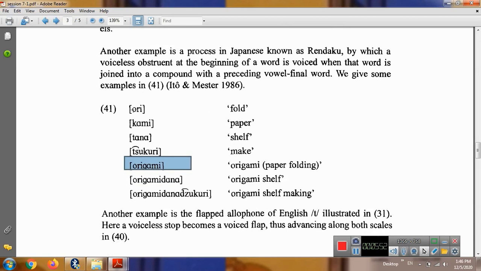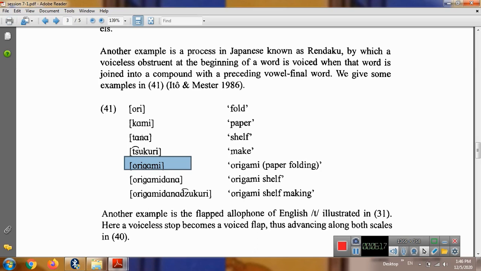Another example, when ori is combined with kami and combined with tana, here we have two types of lenition. Origami: here k, which was the plosive voiceless sound, turns to its voiced pair, g.